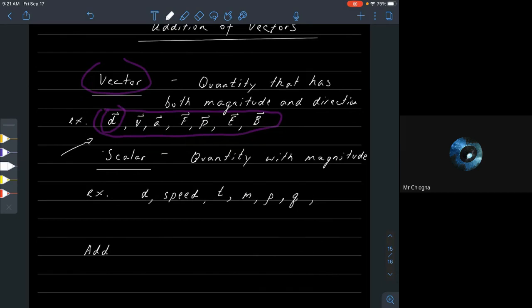Add two displacement vectors: 73 meters north. Sometimes we put little square brackets around it, you don't have to. And 62 meters east.